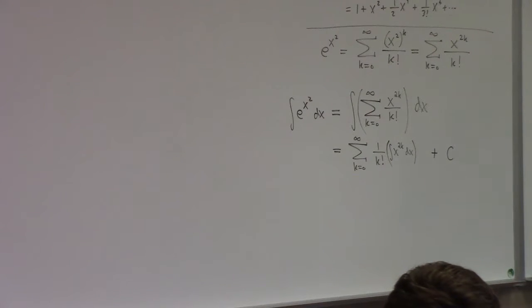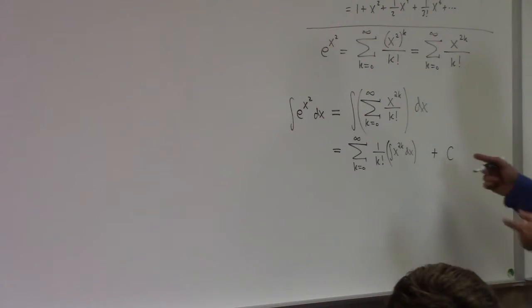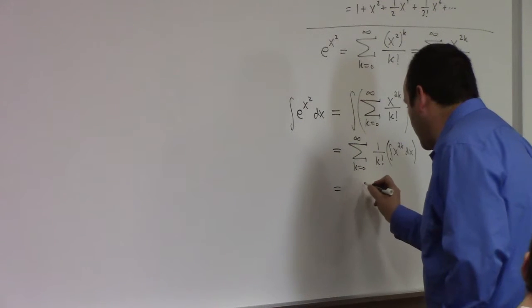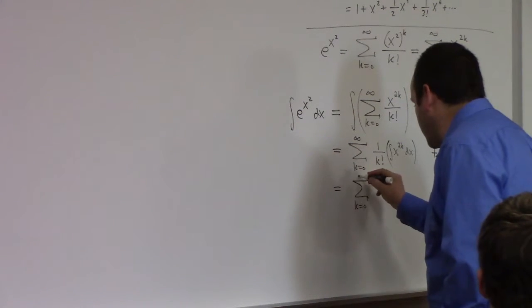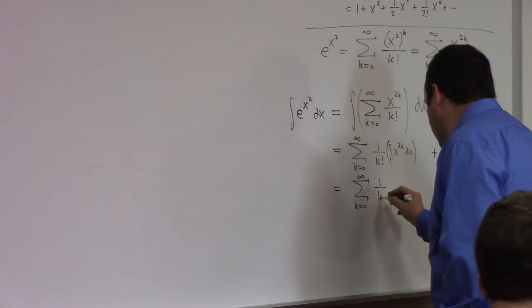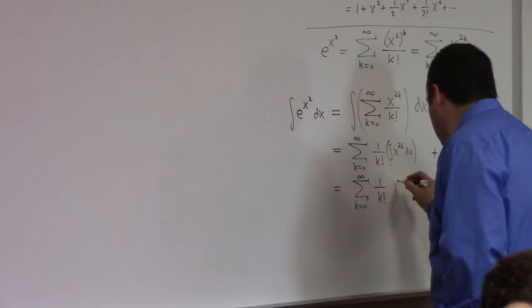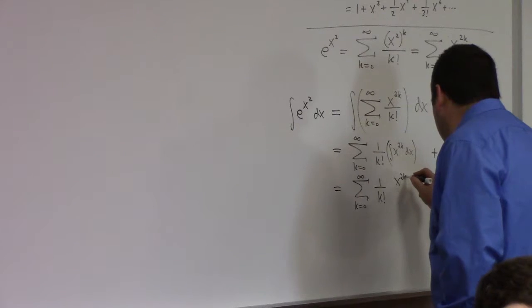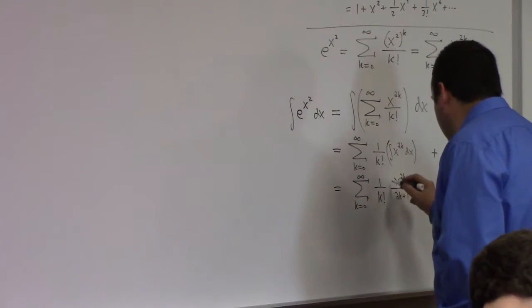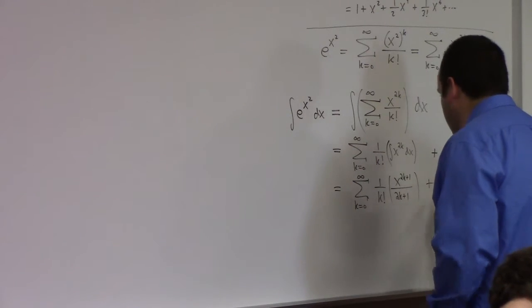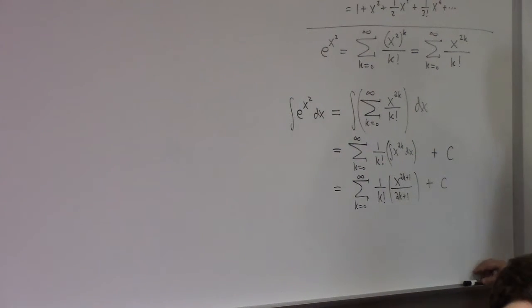But this is not usually how the theorem is written. Usually the theorem just jumps straight. If you look at the theorem in the book, he'll just go straight to this: x to the 2k plus 1 over 2k plus 1, over k factorial.